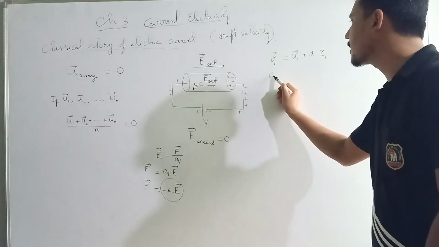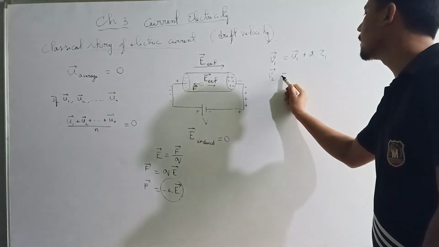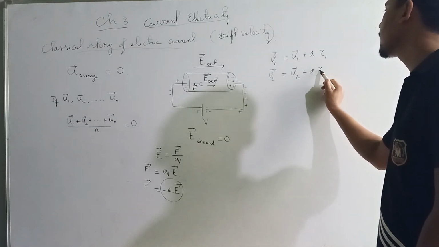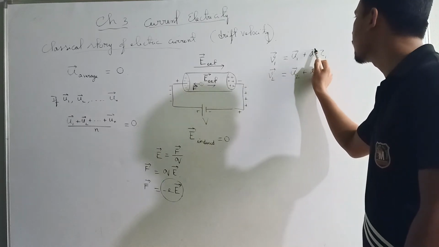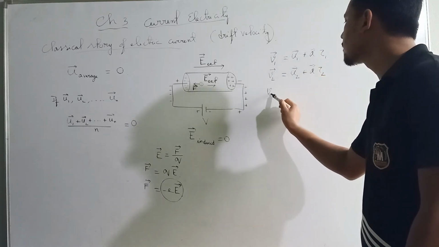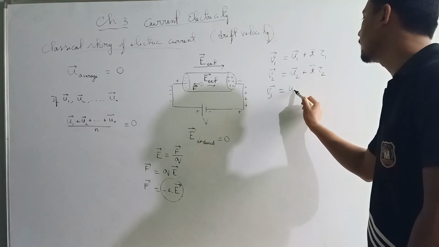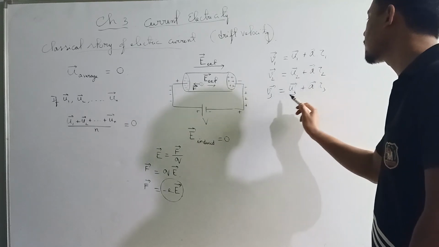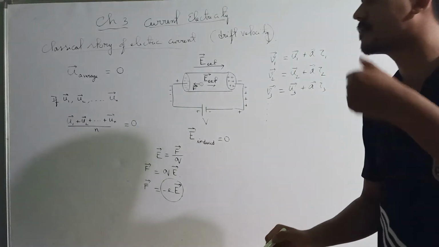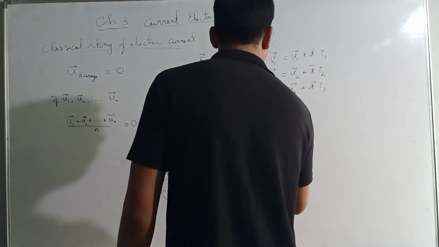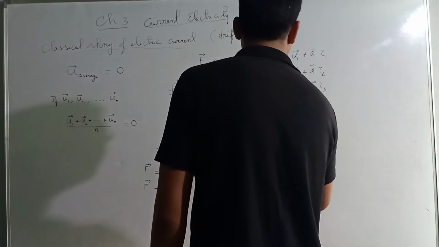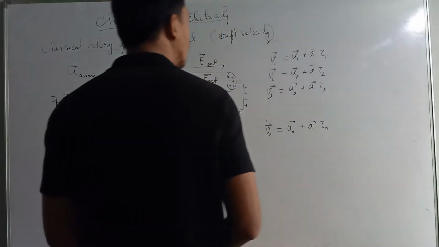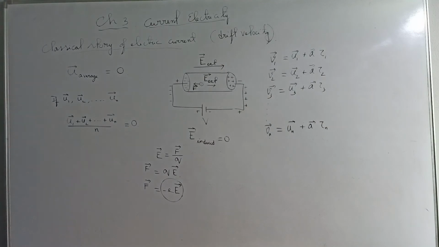Similarly, for the second electron, V2 will be given by U2 plus a tau 2. Similarly, V3 will be given by U3 plus a tau 3, and so on. Velocity of the nth electron, Vn, will be given by Un plus a tau n, where tau n is the relaxation time for the nth electron.